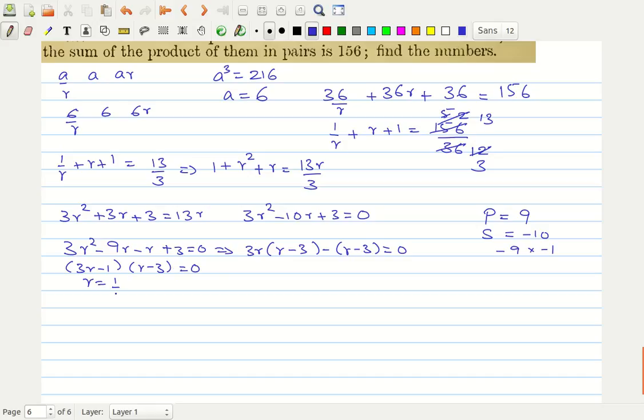R is equal to 1 by 3 or R is equal to 3. Again we see that the common ratio that we get after solving this is just the reciprocal of the other number. So we can use any of these numbers. So our terms are going to be 6 by 3, 6 and 6 times 3. So finally our terms are 2, 6 and 18, and we are done.